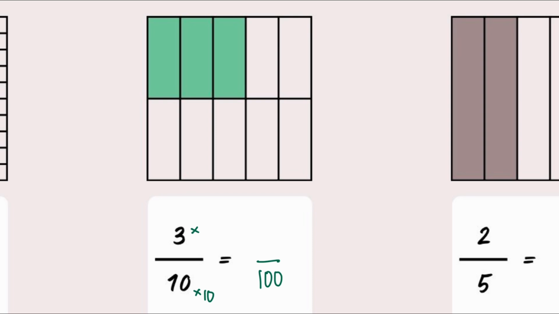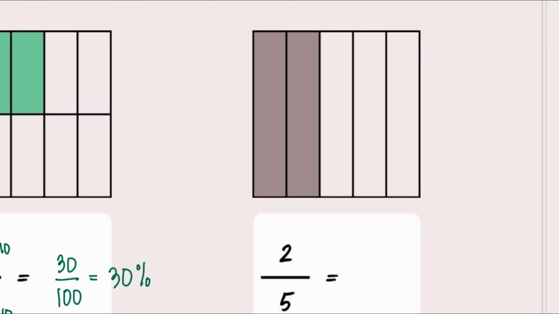Now we have to multiply 3 by 10 since we already multiplied our denominator by 10. Whatever we do in our denominator, you should also do in your numerator. So if you multiply your denominator by 10, you also need to multiply your numerator by 10. So 3 times 10 is 30. This will give us 30%.